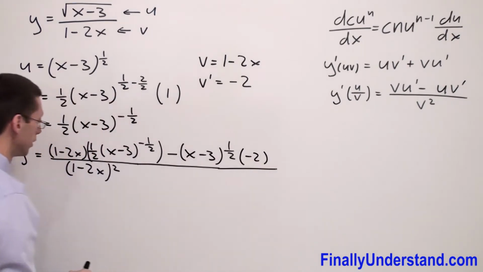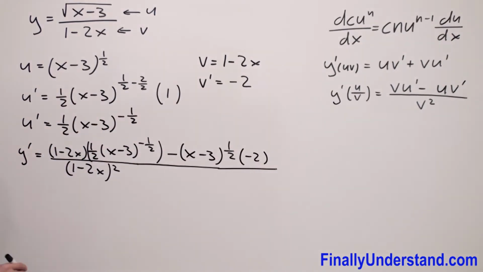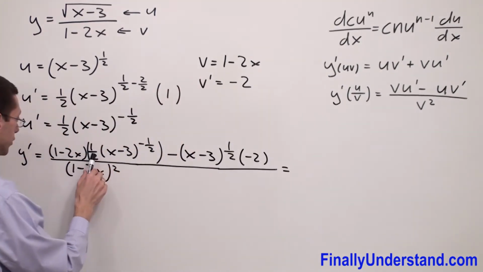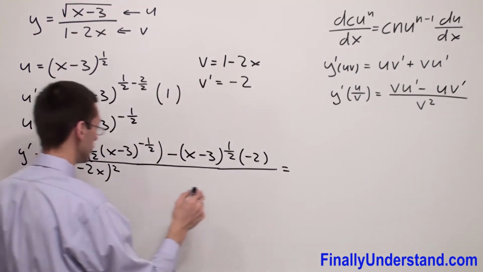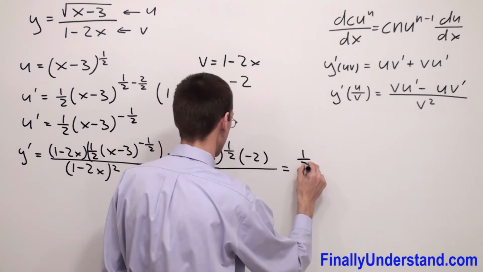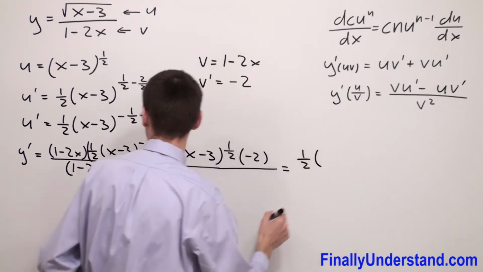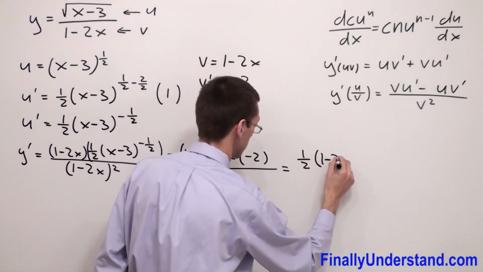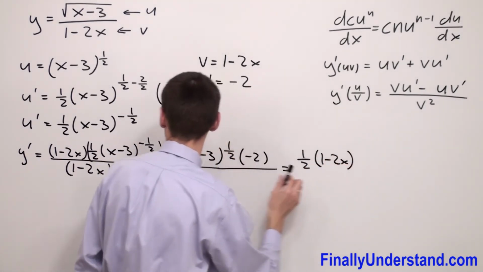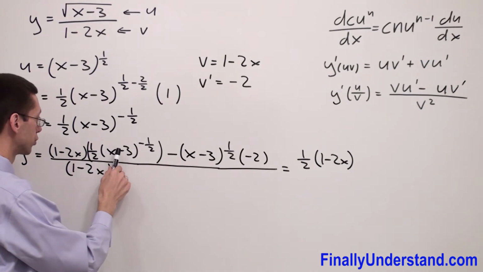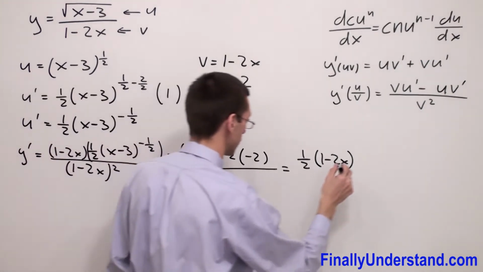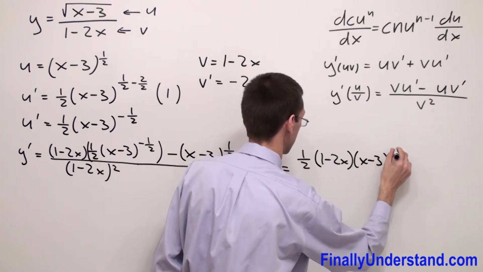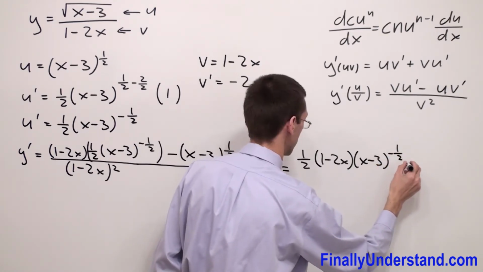Okay. Next, we're supposed to organize this a little bit. So this is equal to, I'm going to write 1/2 at the front. So I'm going to have 1/2 times 1 minus 2x times x minus 3 to the power negative 1/2.